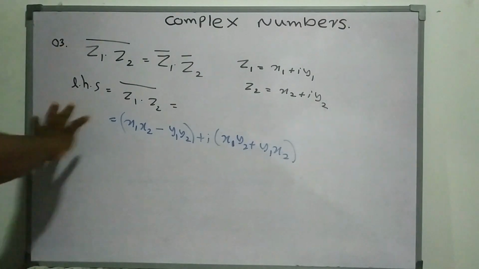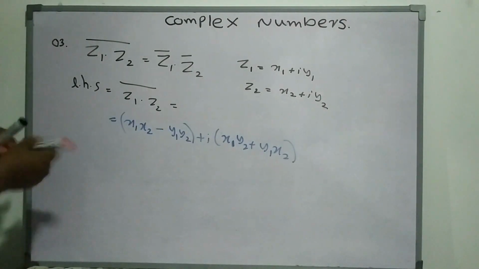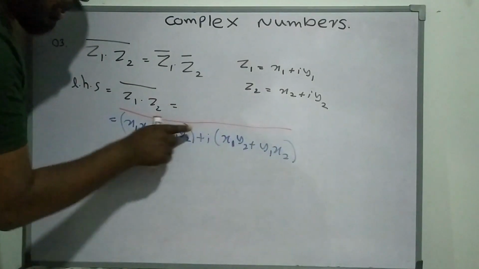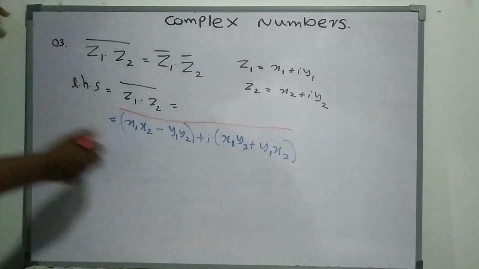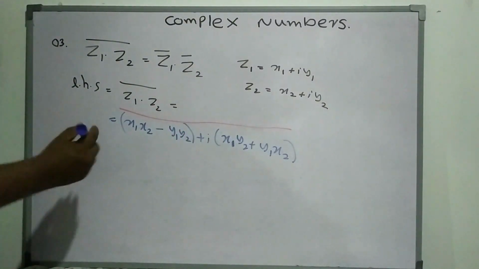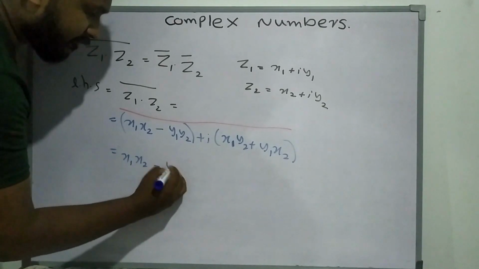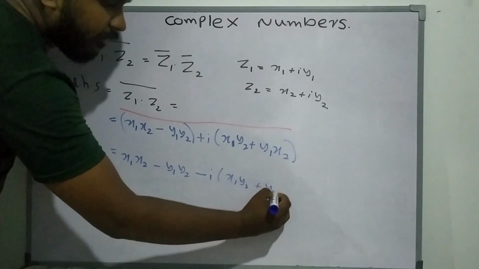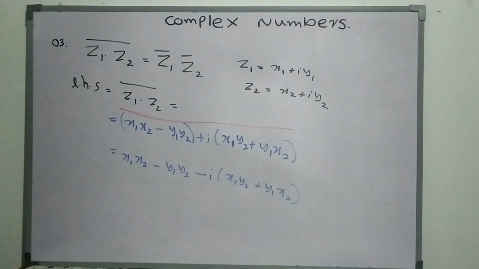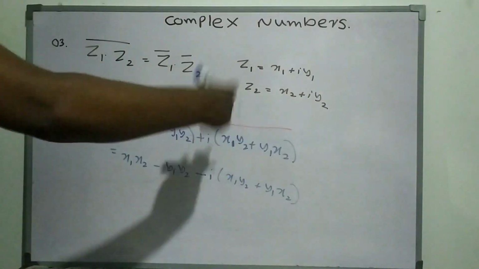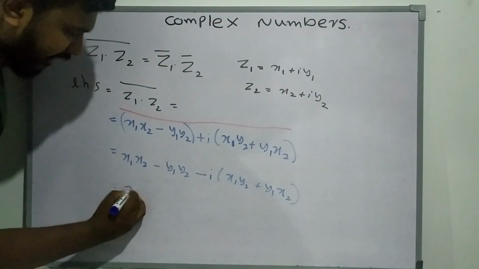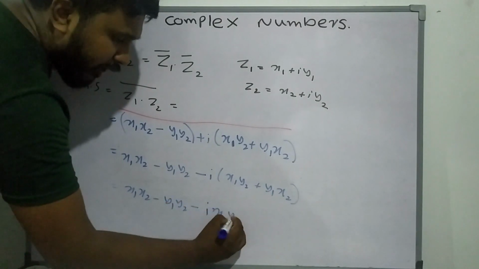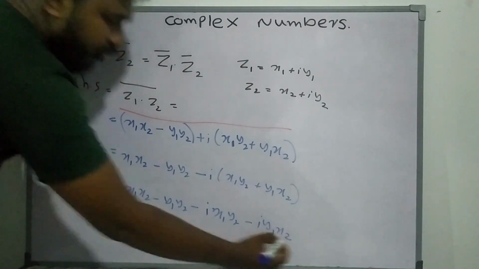So this is the product of Z1 into Z2. The bar is already here, so once you put the bar, the sign should be changed to minus. So (x1 x2 minus y1 y2) minus i(x1 y2 plus y1 x2). Then I solve the bracket: x1 x2 minus y1 y2 minus i x1 y2 minus i y1 x2.